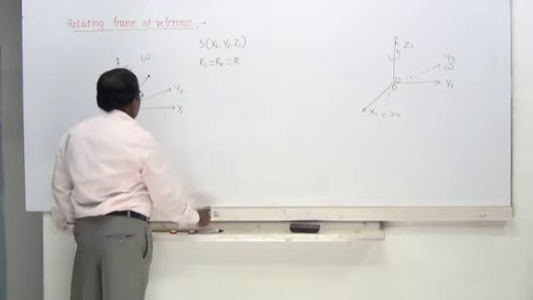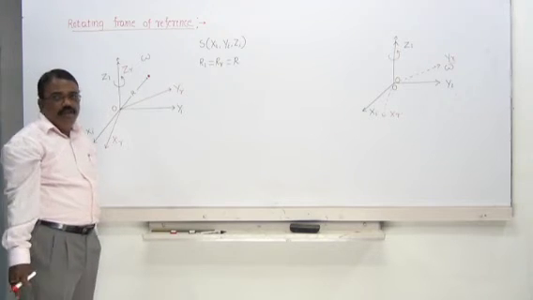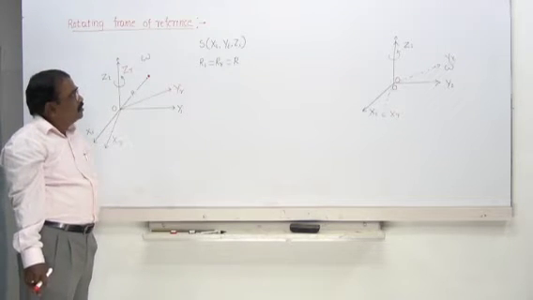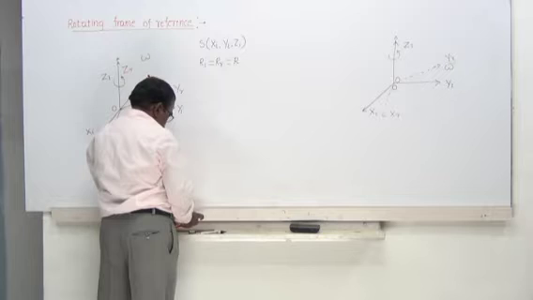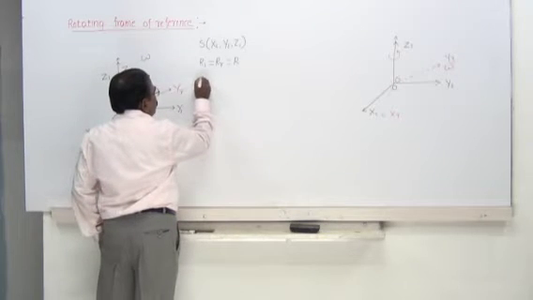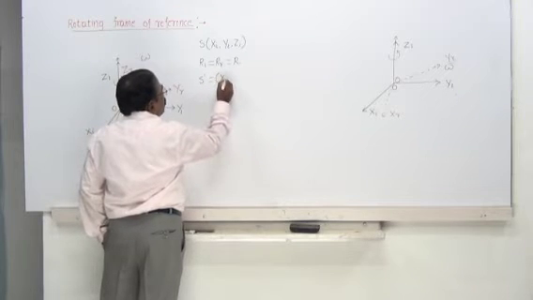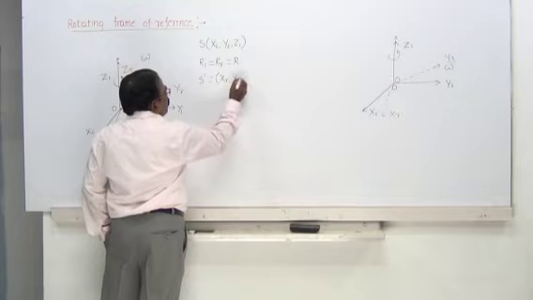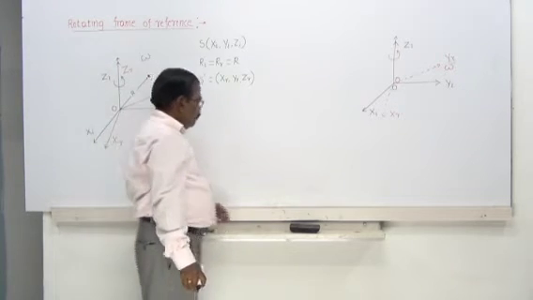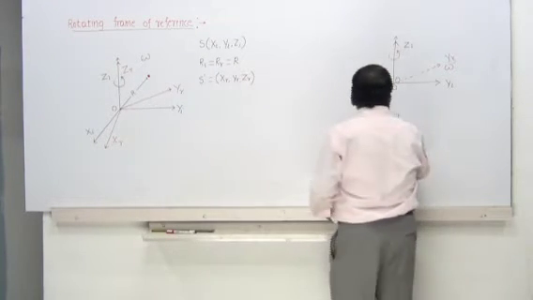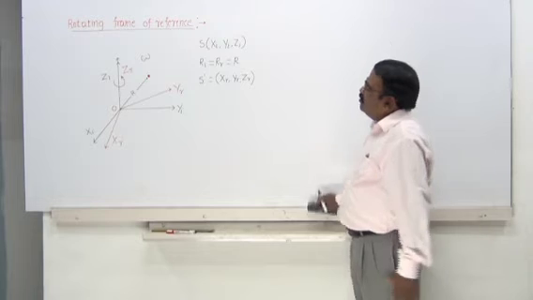Now the particle of mass m is in the inertial frame S given by xi, yi, zi, and this rotating frame is represented by S dash is equal to XR, YR, ZR. R stands for rotating. Now we are discussing a rotating frame of reference.